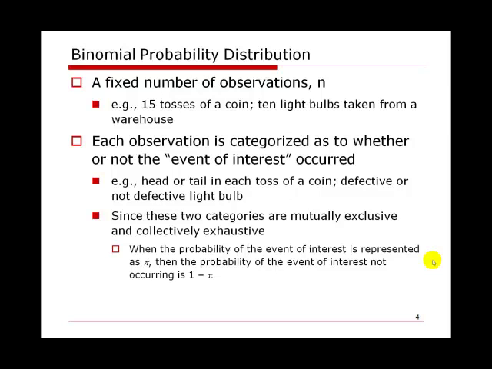One category is the event we're interested in, and the other category is the event we're not interested in. So this is true. We should always be able to categorize the output into two categories. But the answer is no because the real output from the experiment may have more than two events.